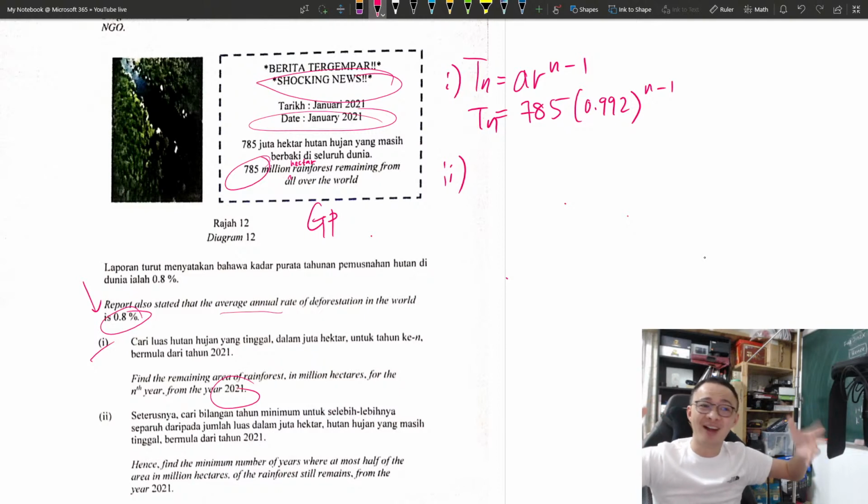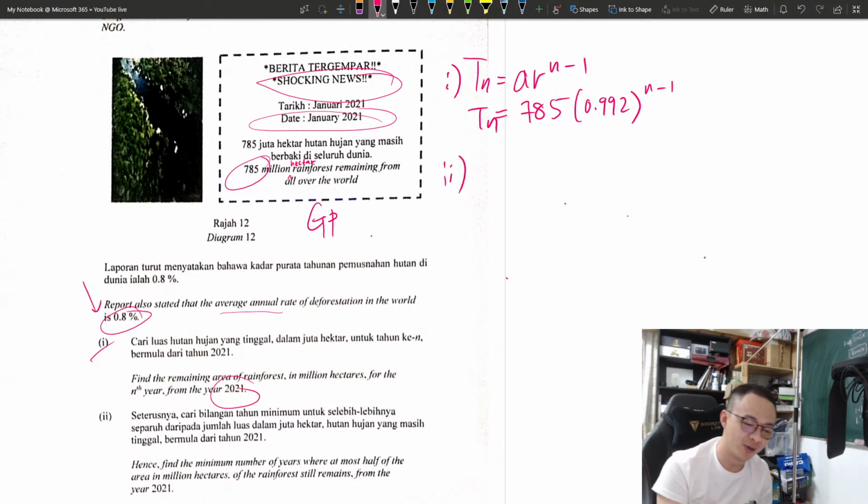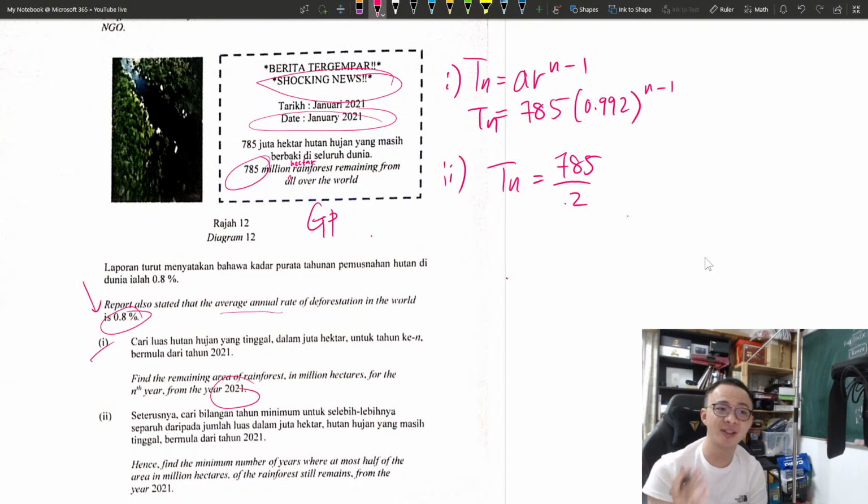So we need to spend how many years to make all the forest decrease until half only? So I would say the Tn will become half. Half is 785 divided by 2. This is half of the 785. So here I will just insert the whole Tn.